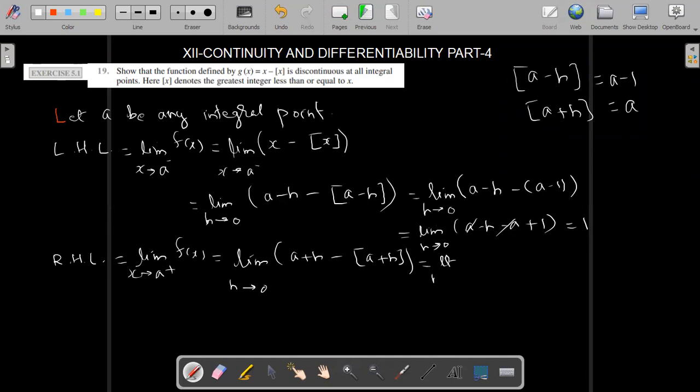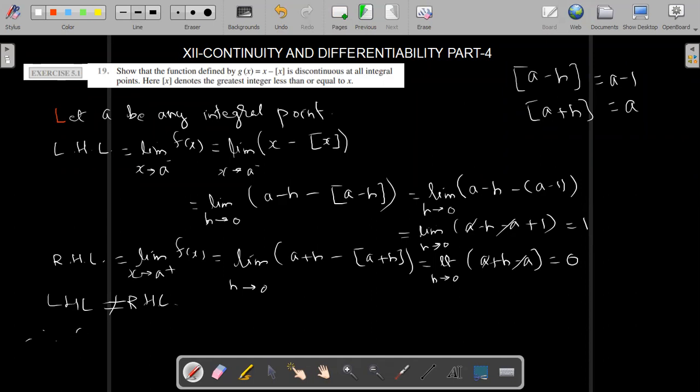So limit h tending to 0, a plus h, and the greatest integer of a plus h will be equal to a, so minus a cancels, h is 0, so we get 0. So left hand limit is not equal to right hand limit.